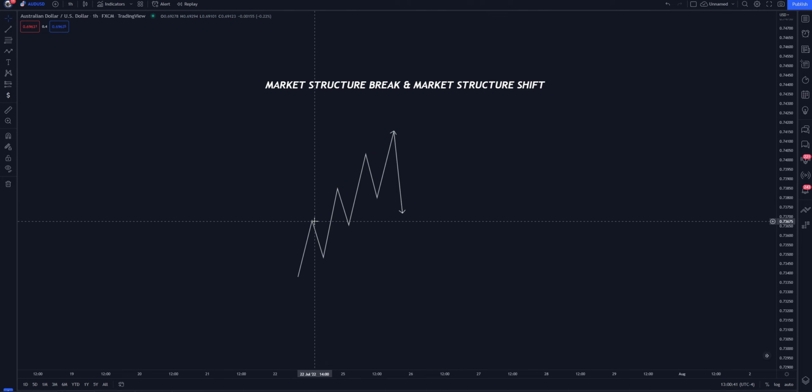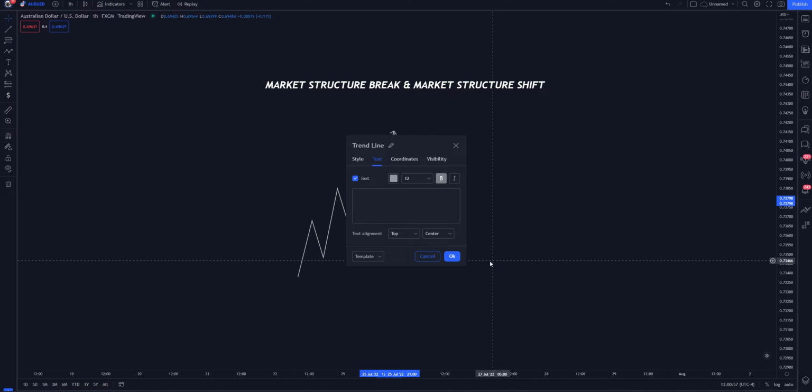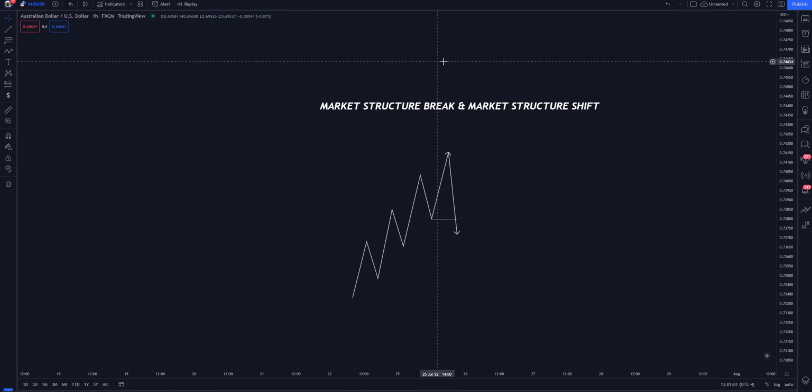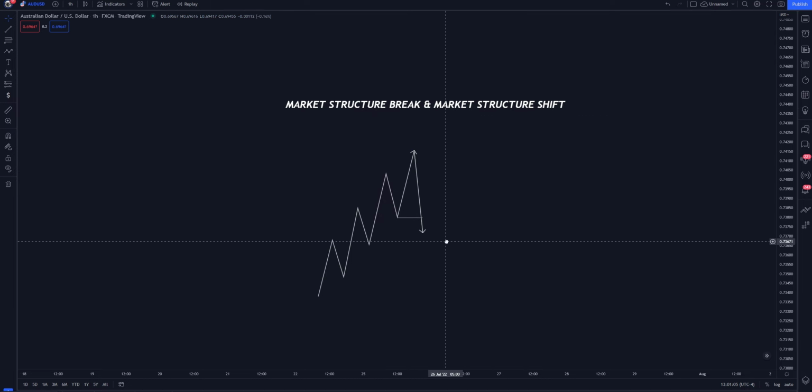So we got the higher high, higher low, and then we got the lower high, because it broke this structure, which means that the market structure has shifted from a bullish trend to a bearish trend.